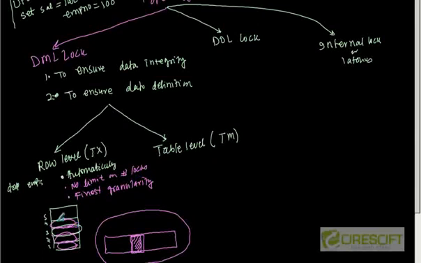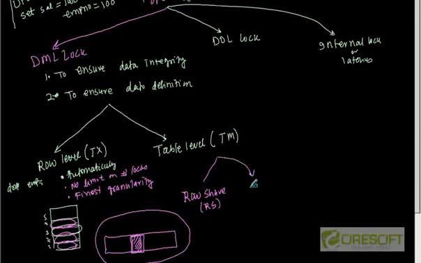So we put a lock here, and then let's discuss the table level lock. Table level locks come in 5 different types. One is called row share, popularly called RS locks.